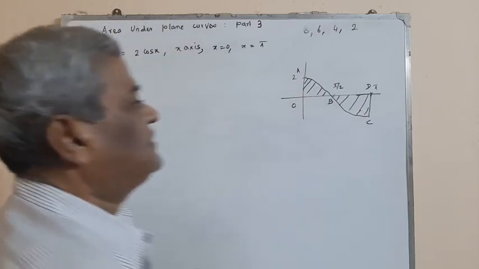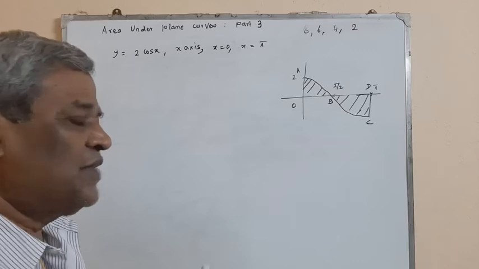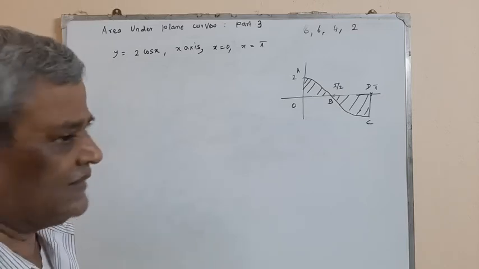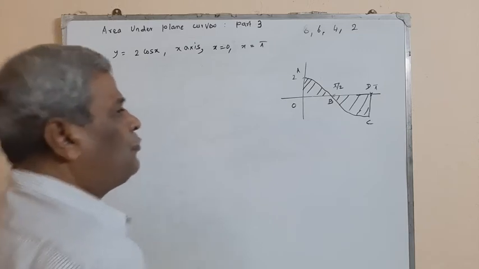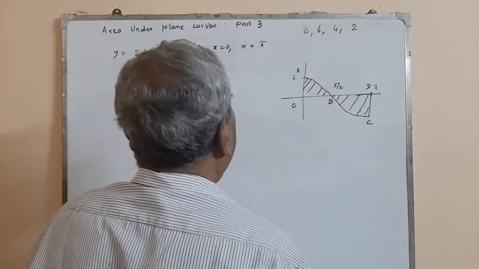The important thing is that some part of the curve is above the x-axis and some part is below the x-axis. So we have to use the modulus sign for the area of the region which is below the x-axis.